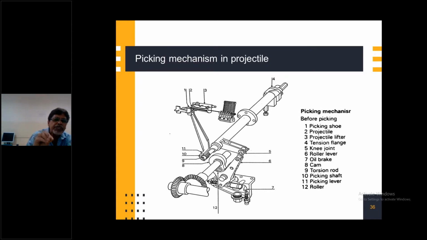So this is a unique machine all over the world. Nobody other than Switzerland manufactures it. Its uniqueness is in the torsion bar picking mechanism, which is twisted and we store the energy inside it, and suddenly we release the energy as and when we need it. That's the beauty of this particular machine.